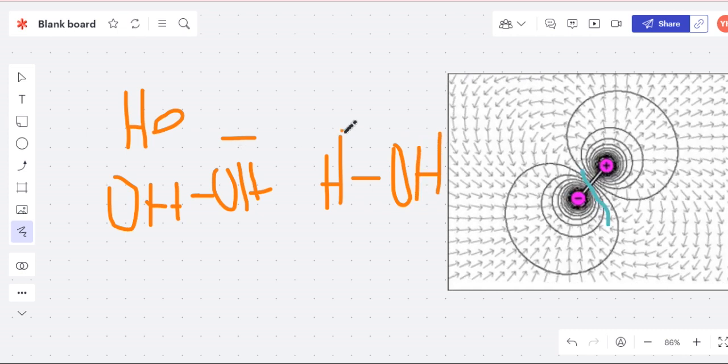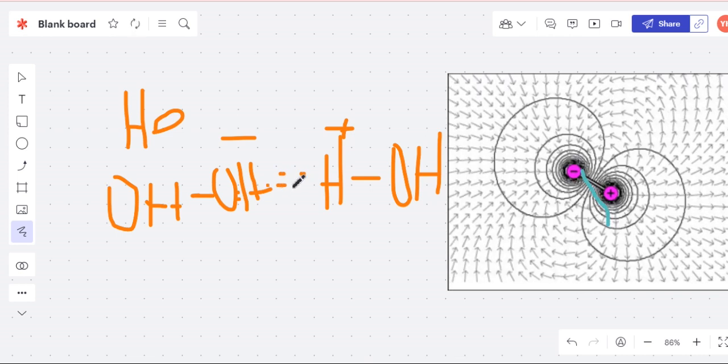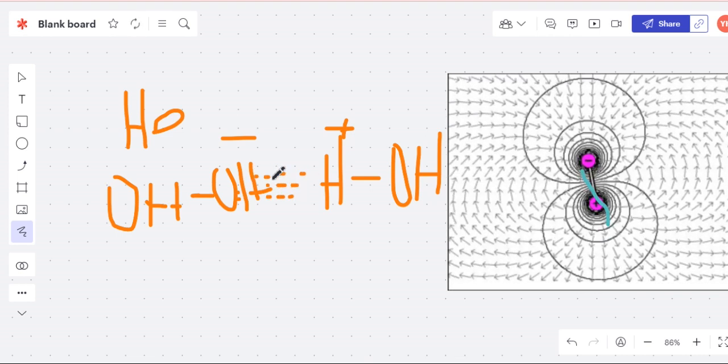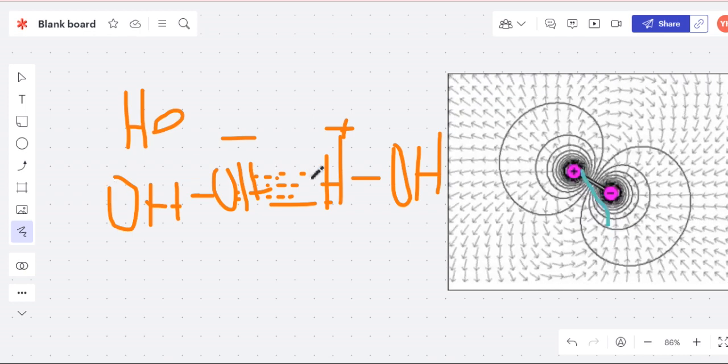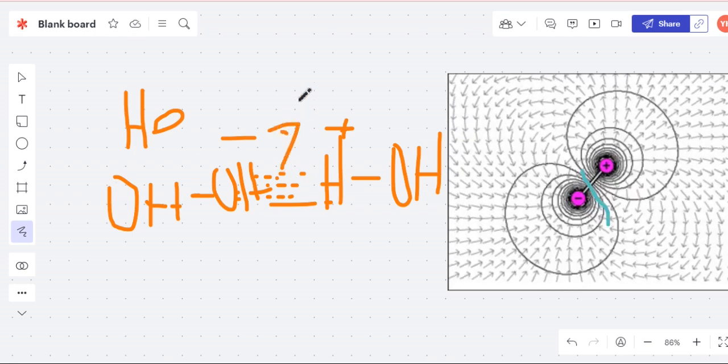So this oxygen attracts the hydrogen toward itself. In this way, some sort of force of attraction does exist between them, which is known as dipole-dipole interaction or dipole forces, right?